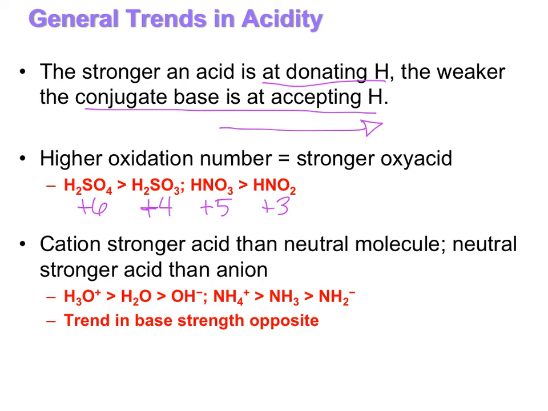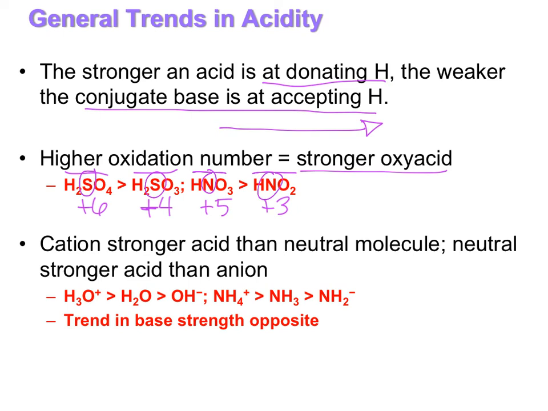And then in terms of these oxyacids, here we have sulfuric versus sulfurous acid. So this is sulfuric, this is sulfurous. And then we have nitric versus nitrous acid. In these acids, what's different is the amount of oxygens bonded to these central atoms in those polyatomic ions.